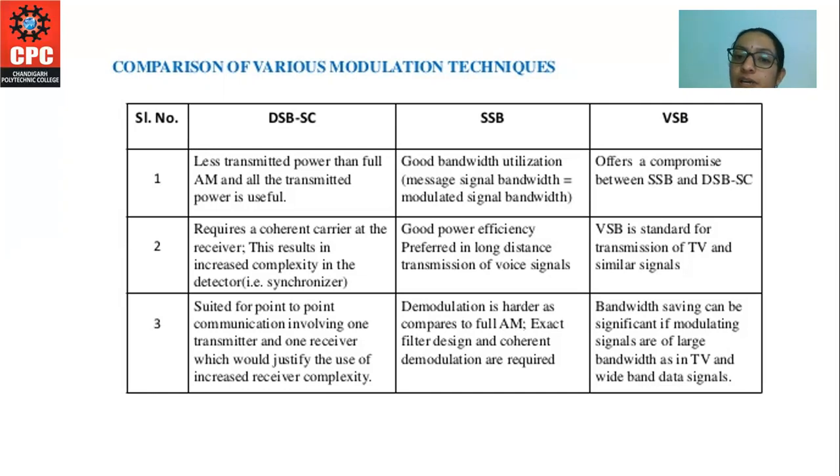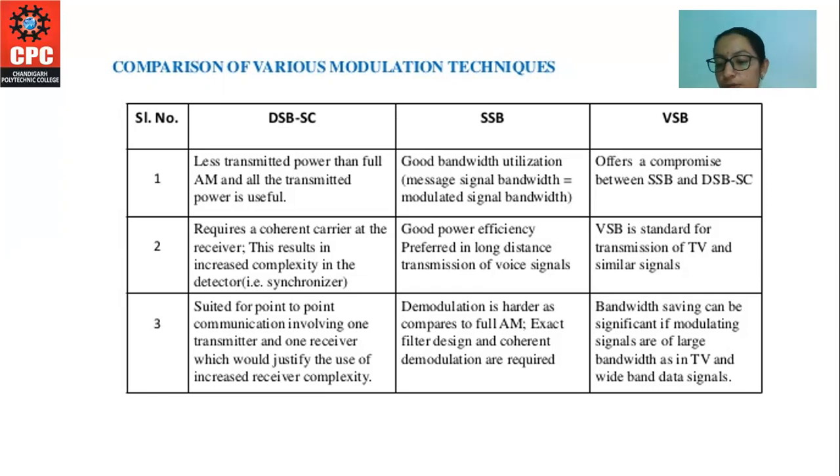In the case of the SSB system, there is good bandwidth utilization, that is, the message signal bandwidth equals the modulated signal bandwidth, and good power efficiency, preferred in long distance transmission of voice signals. Demodulation is harder compared to full AM. Extractor filter design and coherent demodulation are required.